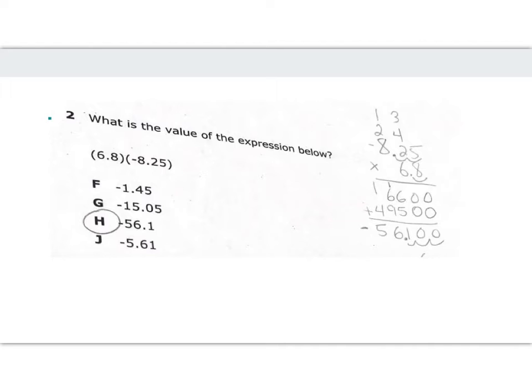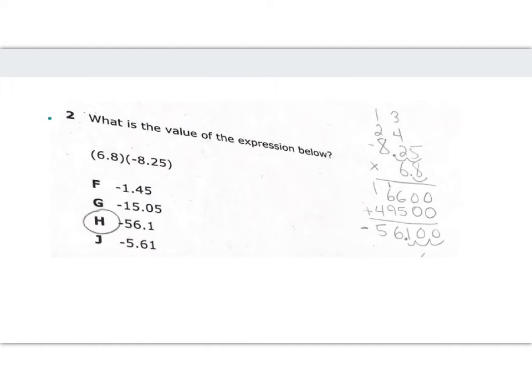Number 2, what is the value of the expression below? So 6 and 8/10 times negative 8 and 25/100. When we are multiplying our decimals, all we're going to do is line up the numbers. So I'm going to read this as 825 times 68. If you look at my work shown on the right, you can see I lined up the numbers and we multiplied it all the way out, and I got 56,100.